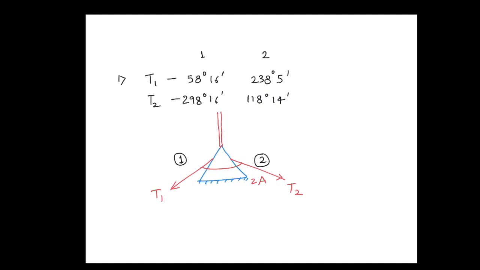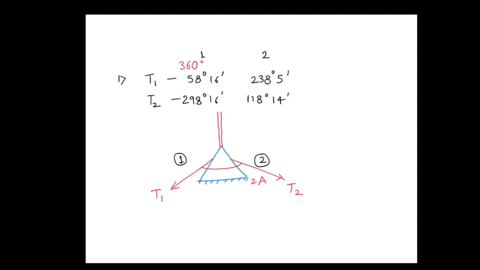Here what has happened is that you have completed a circle. So at 298 it was the T2 position. If at this position vernier 1 was reading 298, and then again when you go beyond, you have completed 360 and gone beyond it to 58. That means here we will have to add 360 to it.